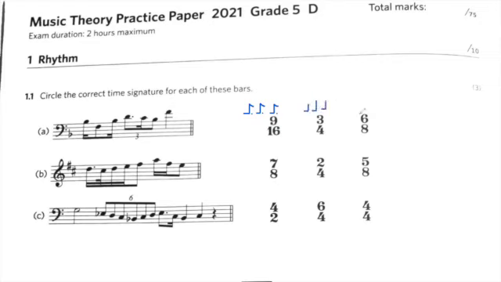And 6/8 stands for 2 dotted crotchets in a bar. So that already tells me my grouping. When I take a look at the rhythms here, I notice that they are divided into what appears to be 3 different groupings. So that already rules out the 6/8.